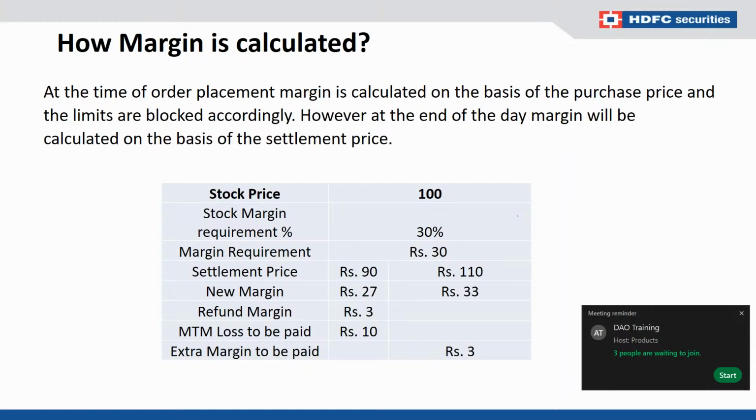What will I as HDFC Securities do? I will first reverse that 30 rupees and charge a new margin. If the price goes up, I will charge new margin. So this margin is charged on daily basis. And if there's a profit, then we credit the customer's ledger account or bank account once the positions are squared off.